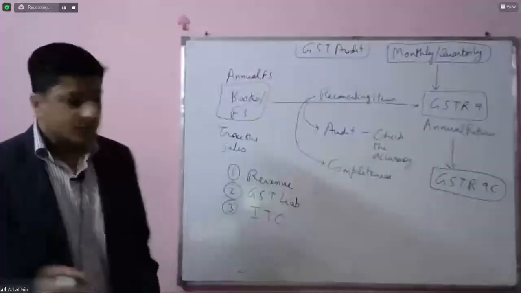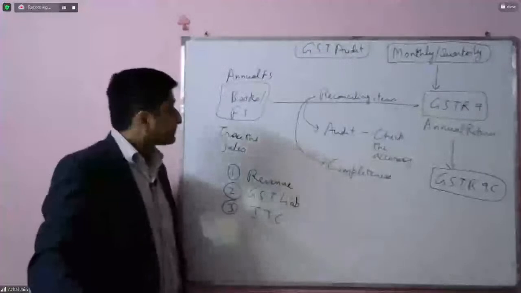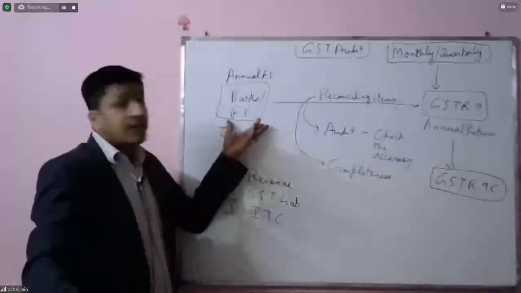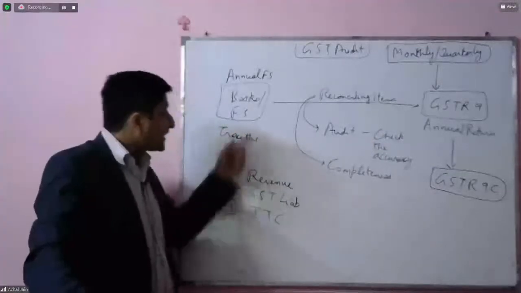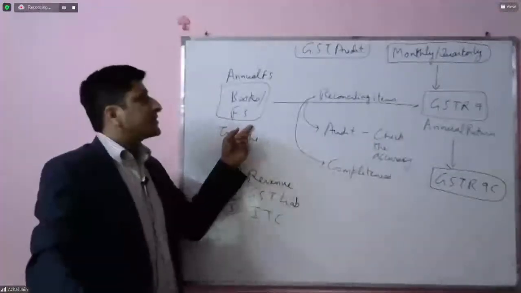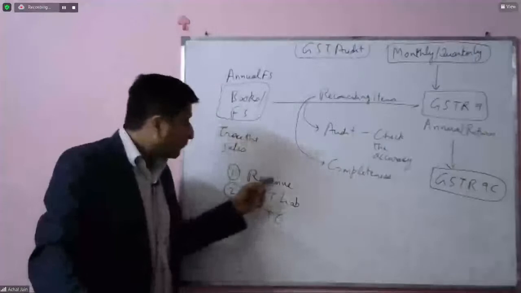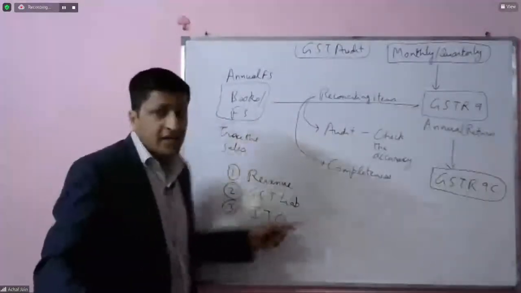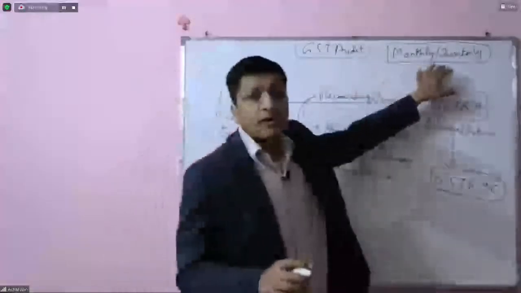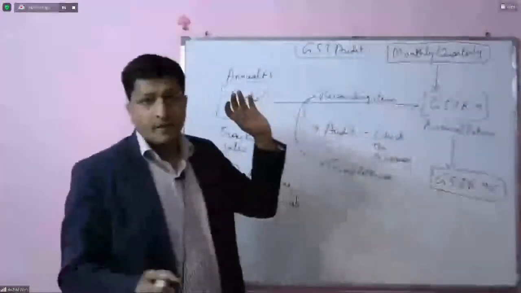All of these items are required to be checked in terms of what is the amount reported for all of these items in the books or the financial statements, and what all amounts were recorded in respect of these items in the monthly or quarterly returns.